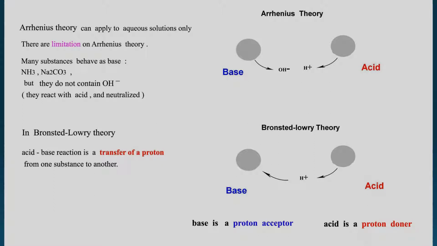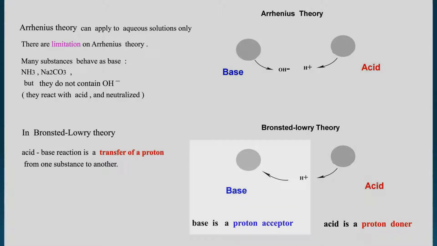In Brønsted-Lowry theory, the acid-base definition is about the transfer of a proton. So what is meant by an acid? An acid is one that donates a proton. They give out a proton. Compared to the earlier theory, it's very alike.